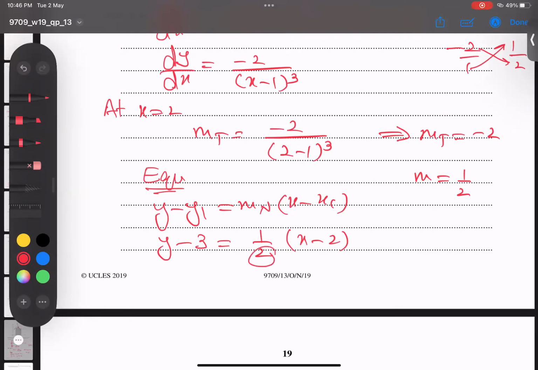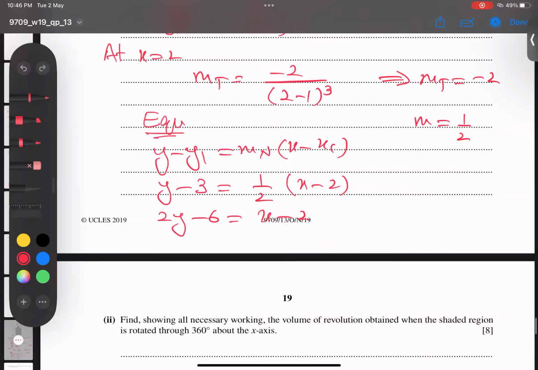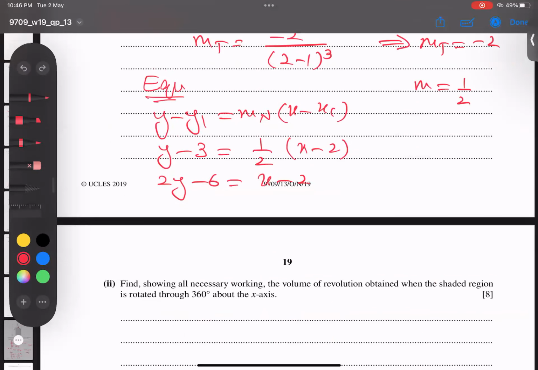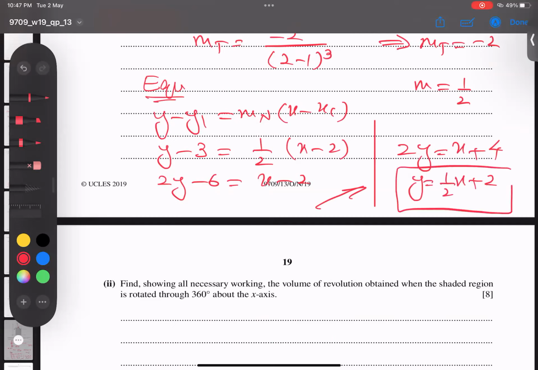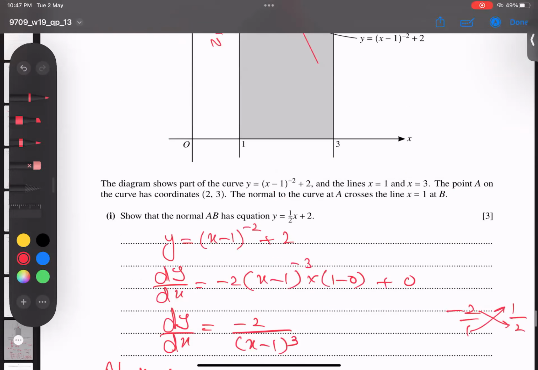So this 2 multiplies up, you get 2y minus 6 equals x minus 2. And what form do we need? y alone. So first of all, 2y equals x plus 4, now divide by 2. So I got y equals half x plus 2. Alhamdulillah, same as the target.